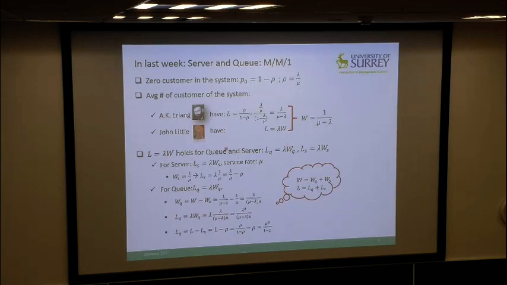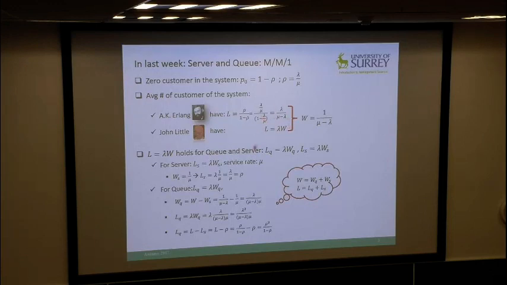Okay, so once we determine the average number of customers in our whole system, we can also think about how to calculate the time. So John Little's formula, L equals lambda times W, also holds for the queue and the server respectively, because in here that's for the whole system.